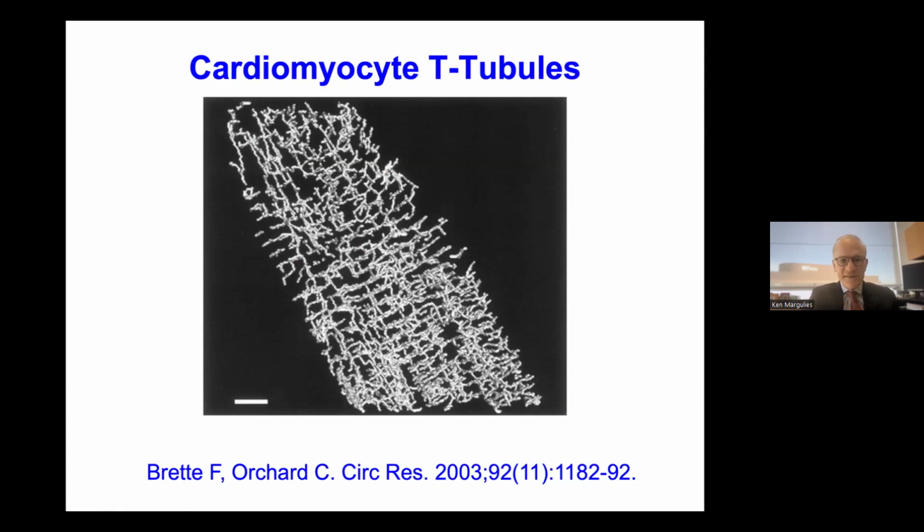This is just the tip of one cardiomyocyte cut off here. But you see there's a lot of penetration of T-tubule invaginations of the cell surface membrane into the interior of the cell, and this is just a fraction of a single cell.